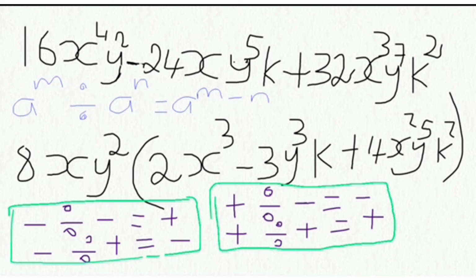Now, when you have found your highest common factor, you must open the bracket. Then we divide every term of this expression to be factorized by our highest common factor.